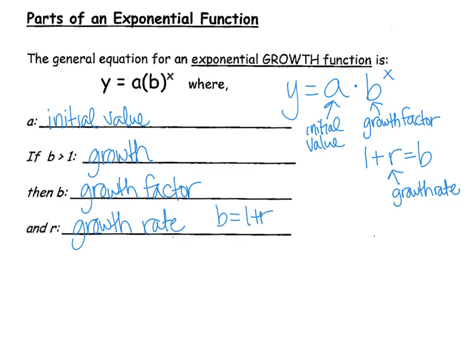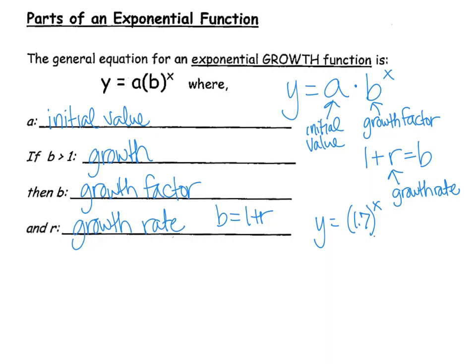I care how much more than 1 B is. So let's say I wrote this down. Y equals 1.7 to the x. How much more than 1 is 1.7? Do you guys get that you are basically doing 1.7 take away 1?